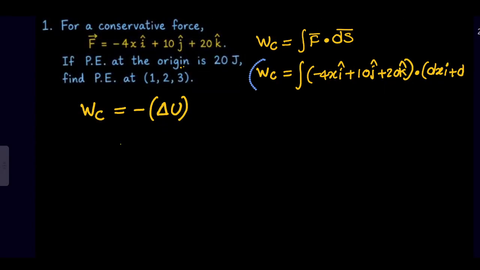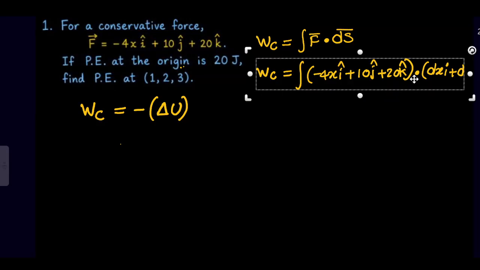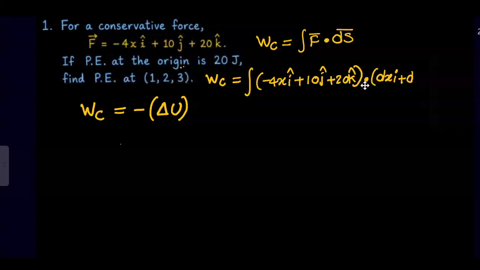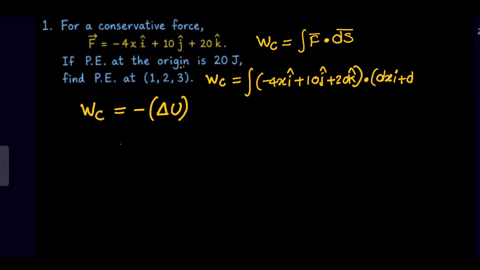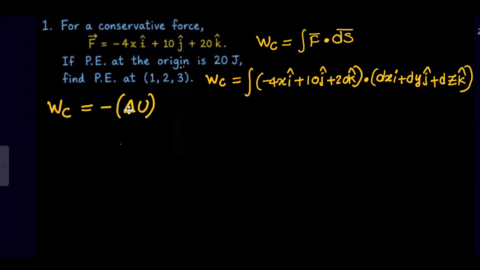So we should consider all the variations: dx i cap plus dy j cap plus dz k cap. So we find this work done first.